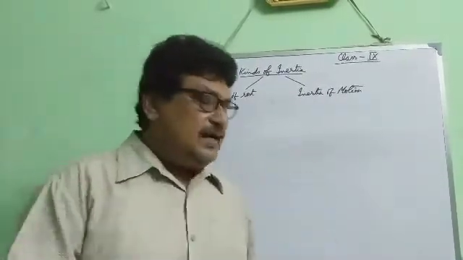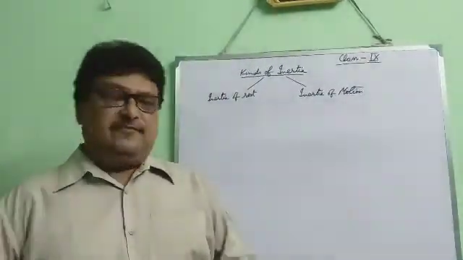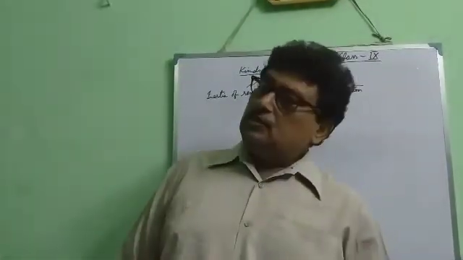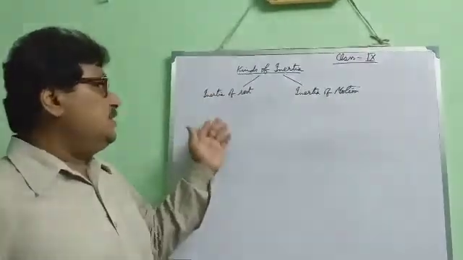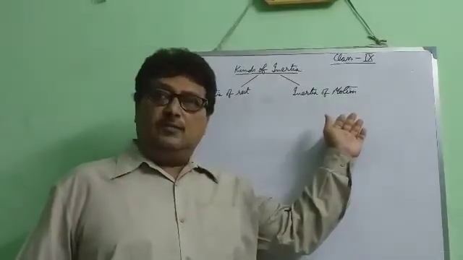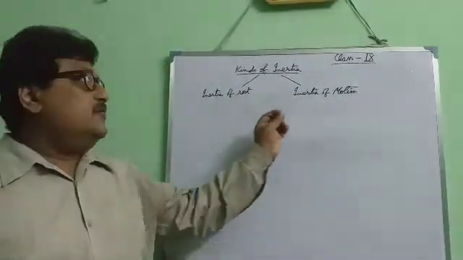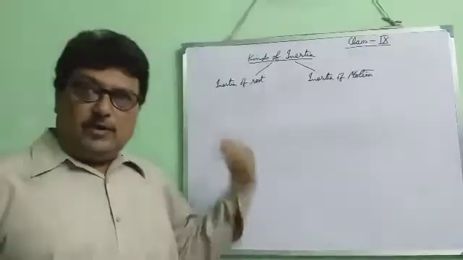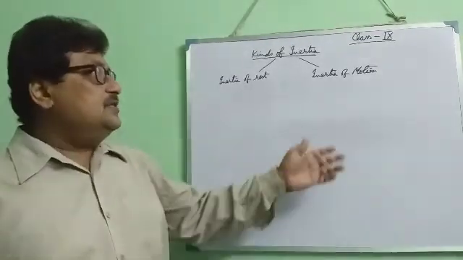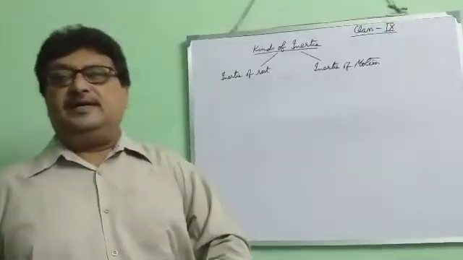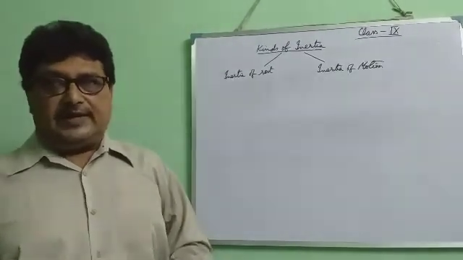For recognizing inertia of rest and inertia of motion, you get 1 mark. And for the correct explanation, there is another mark. So normally 2 marks are allotted for such questions. So you have to recognize which is inertia of rest and which is inertia of motion. Simple thing: if the body is at rest from before, then definitely it will be due to inertia of rest. And if it is moving initially, then it will be due to inertia of motion. I hope it is clear. That will help you in writing the answers also.